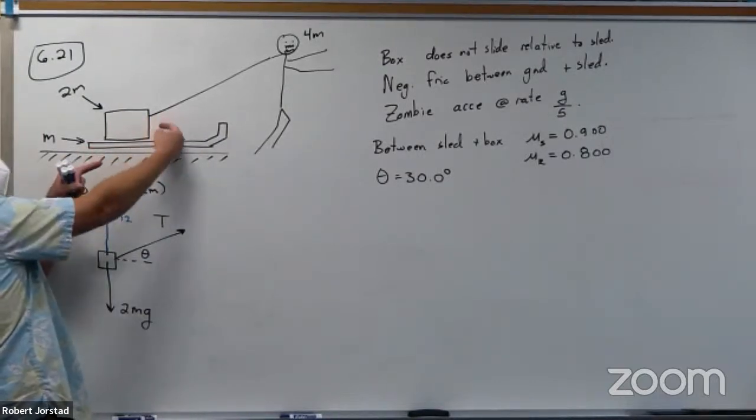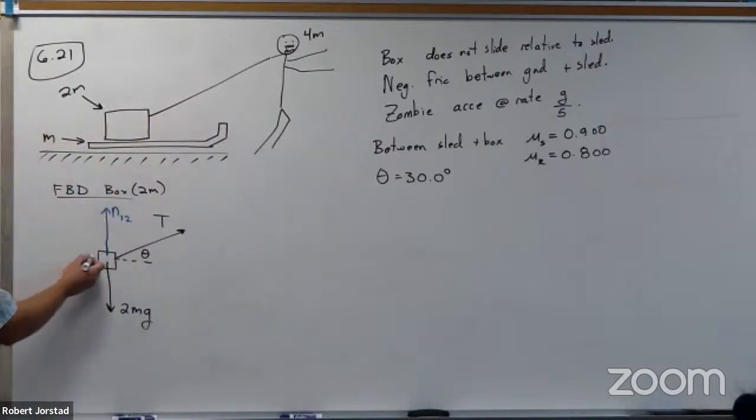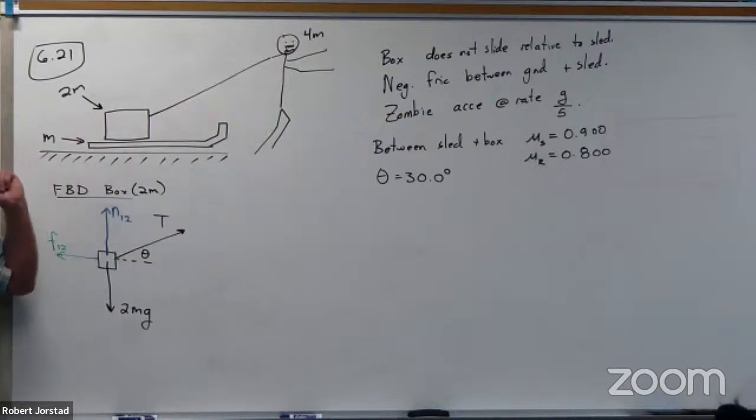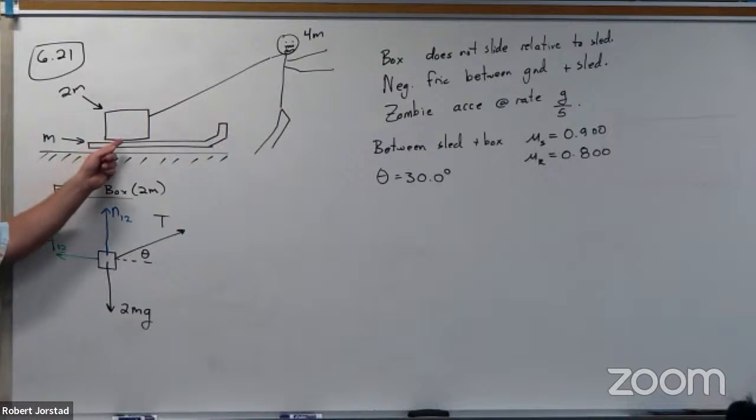Do you agree? You were right the first time. What's a good name for this friction? Friction 12, because it's between the two blocks. The sled is trying to hold back the block. That helps me. Okay, the sled's friction is to the left. Anything else on this one? I think that's it, right?